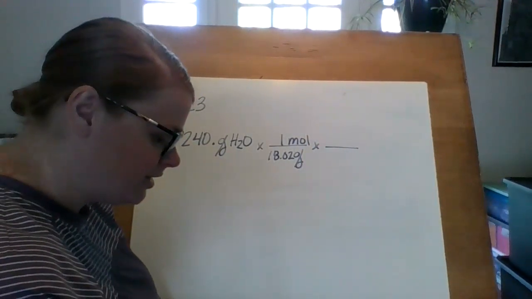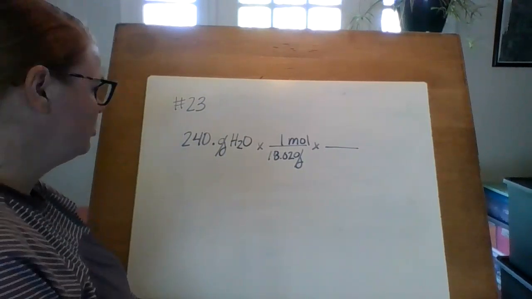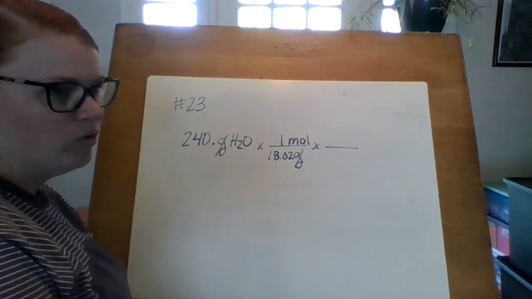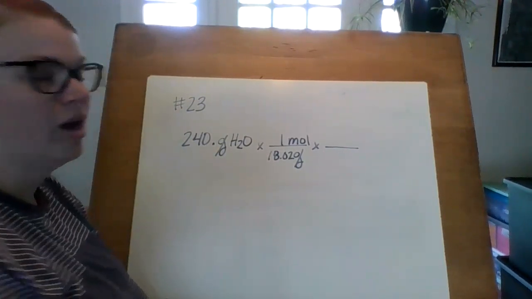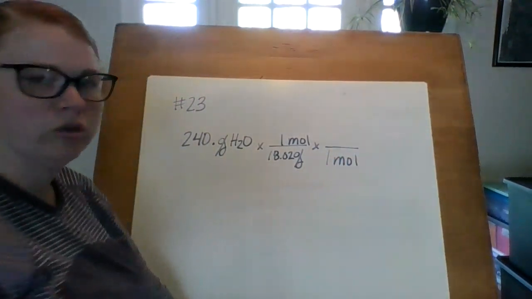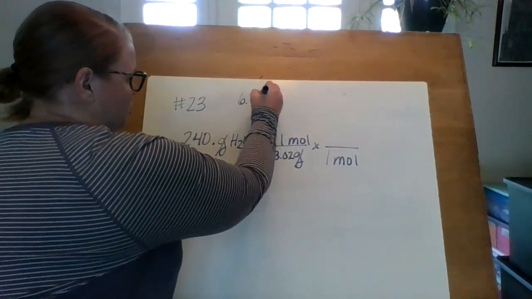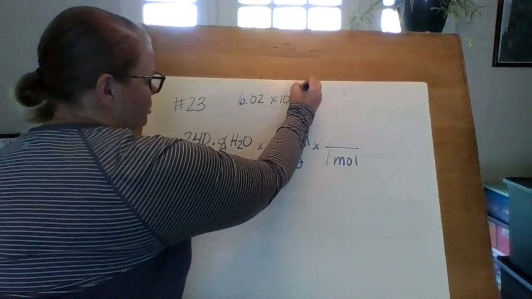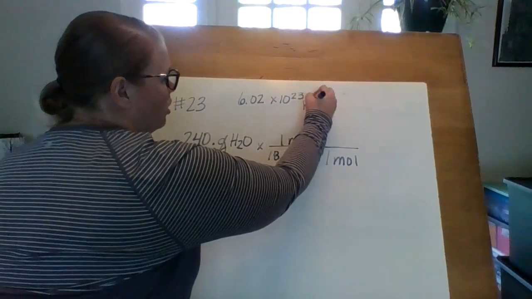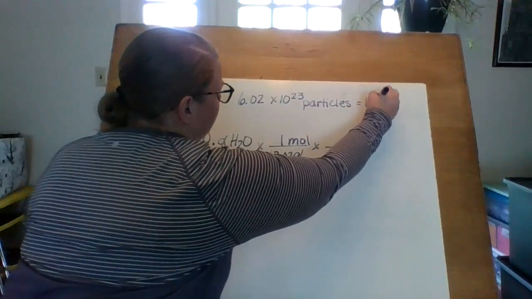Now, because it's asking how many molecules of water are in this particular sample, we need to use something called Avogadro's number to go from moles to molecules. Avogadro's number is 6.02 times 10 to the 23, and that is particles in 1 mole.